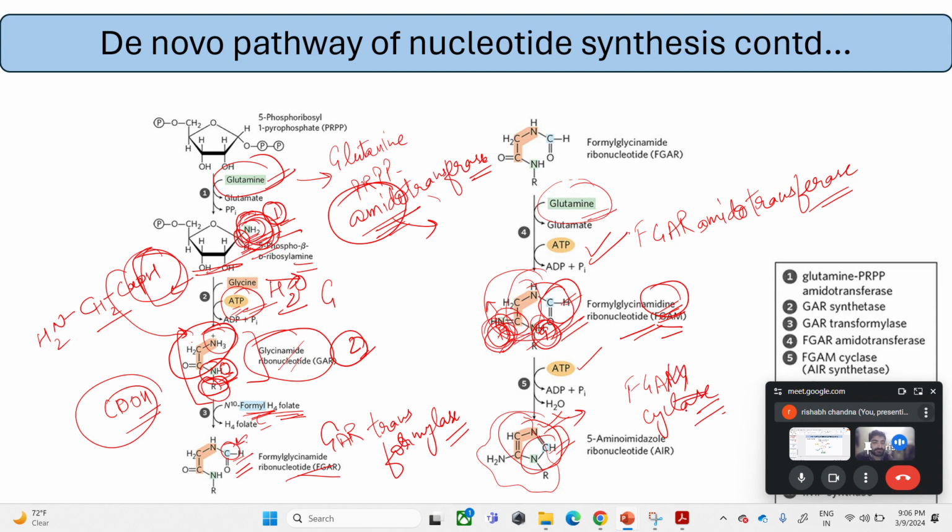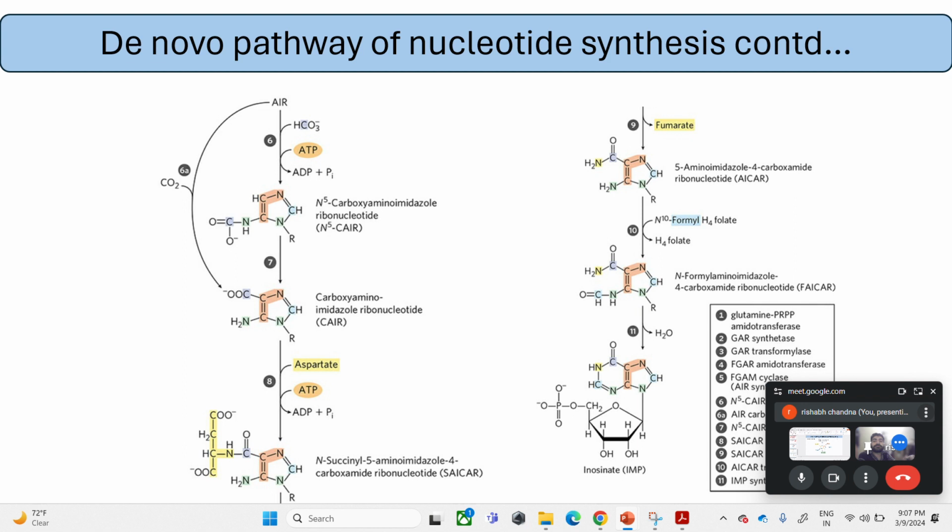So this is FGAM cyclase, where this five-membered ring is completely formed. Now moving on to the next step. What happens? This AIR, the imidazole ribonucleotide, takes up the bicarbonate ion and ATP attached to the second ring, forming N5 carboxy amino imidazole ribonucleotide.